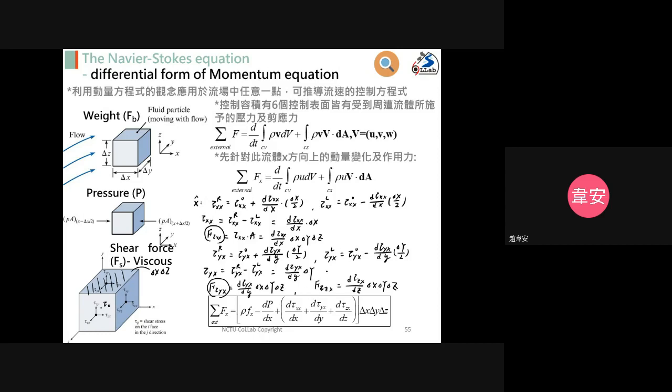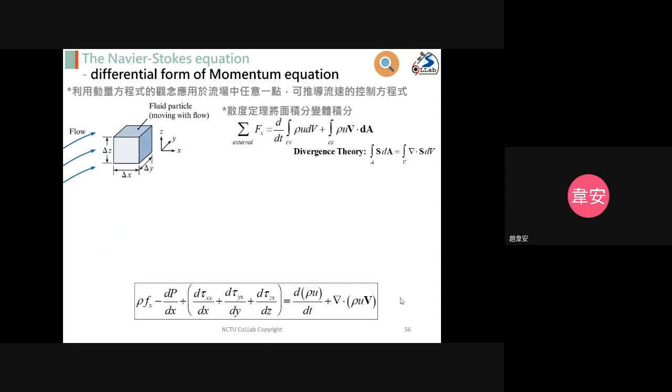All of the shear forces are acting along the x direction but acting on different surfaces. Okay, the top, the right, and the bottom, and also in these directions. Okay, so this is our external force related to the body force, pressure force, and the shear force, multiplied by the total volume of the small fluid cube.